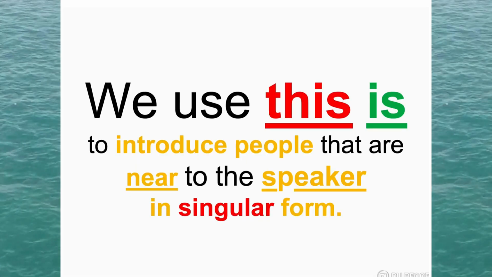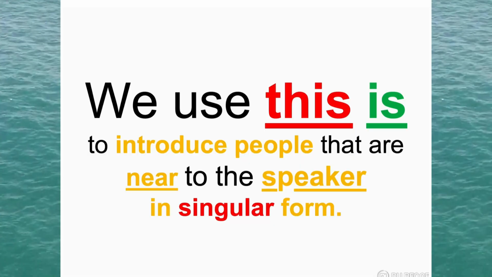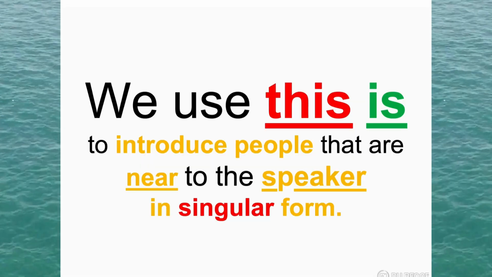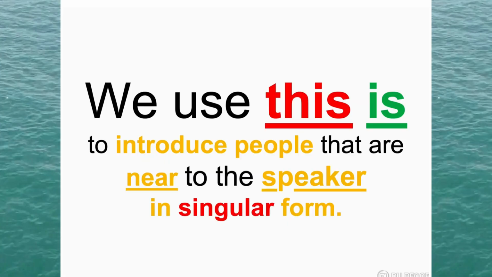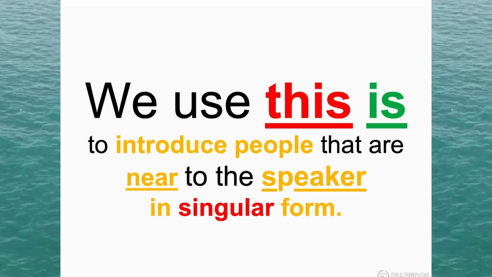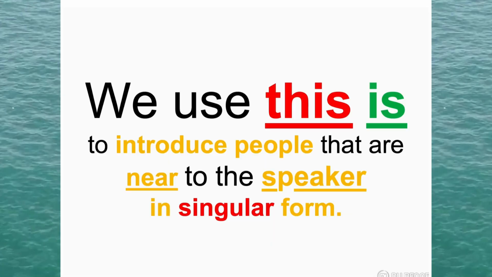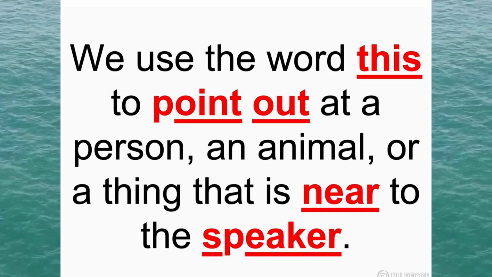We use this to introduce people that are near to the speaker in singular form. I repeat, we use this to show that the people are near to the speaker. Let's see some examples.